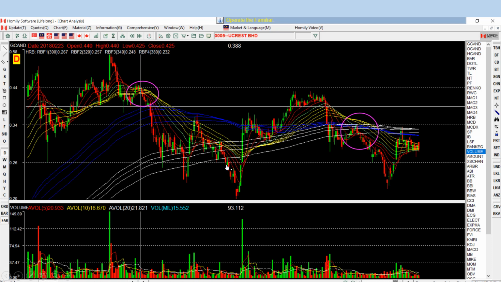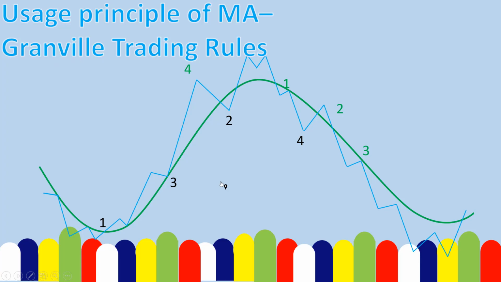And then when you see the price break down, here the price just breaks down the white line, then continues to drop. But you can see the direction of the white line has not yet changed, it's still upwards, which means it is the second buy point. So we can go back to the MA here.